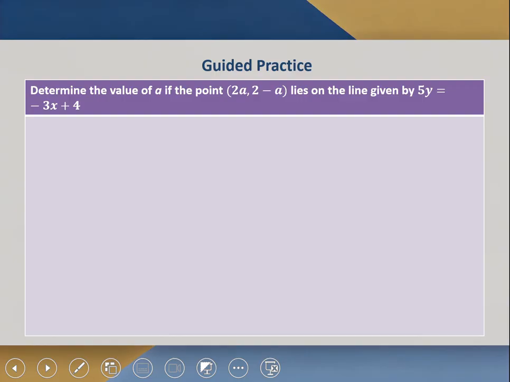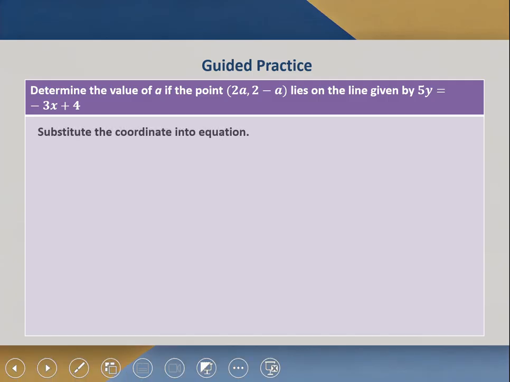This is the next question. Determine the value of a if the point (2a, 2 minus a) lies on the line given by 5y is equal to negative 3x plus 4. The first thing that we are going to do is substitute those two values into the equation.